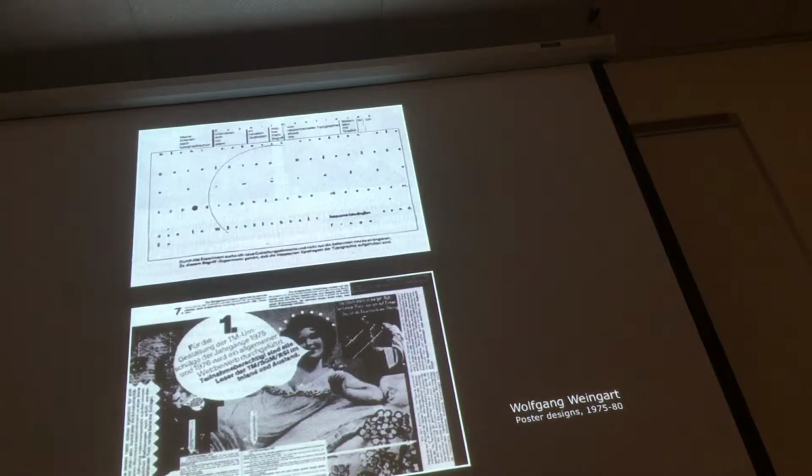So again, just recognizing there are grids. They're not very visible, but there are grids in the way that the designs are worked out. They're still using sans serif typography, just like with traditional Swiss design. But now Wolfgang is introducing other elements into it, like the incorporation of images.